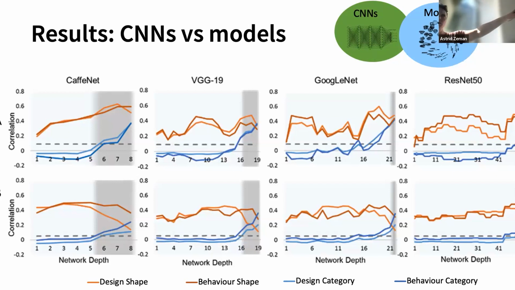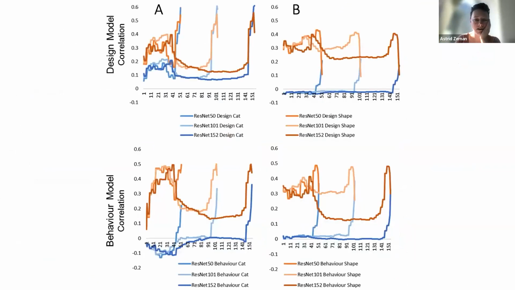And strangely enough, it's even going down in dataset A. There are people who take ResNet 100, ResNet 150, and I think maybe I even have results from that where we did. Yeah, so this is a bit gross, sorry.